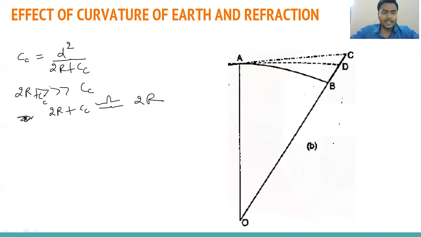By calculation, you will get CC in meters, and R we know is in kilometers, like 6,370 kilometers, right? So from this equation, we can write CC is equal to D square divided by 2R.